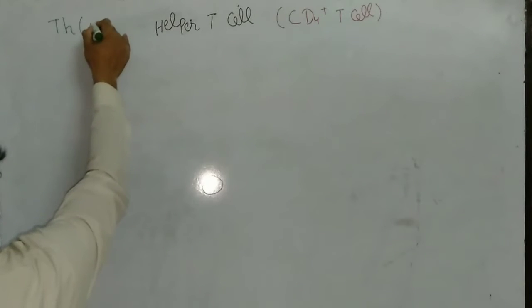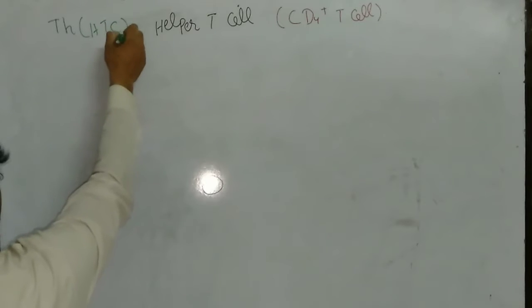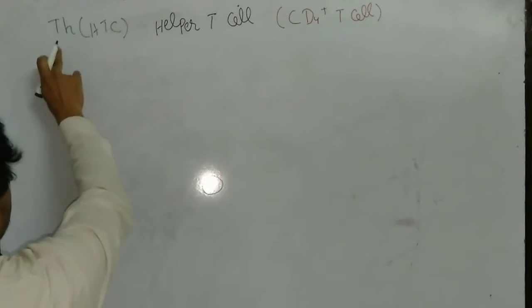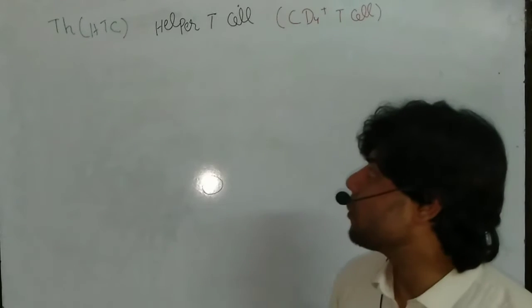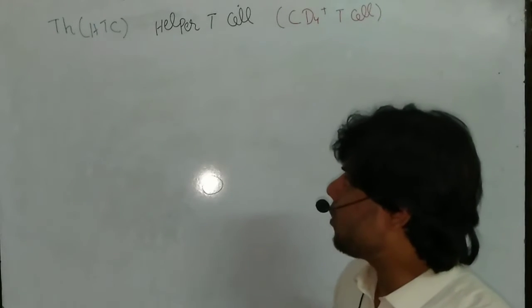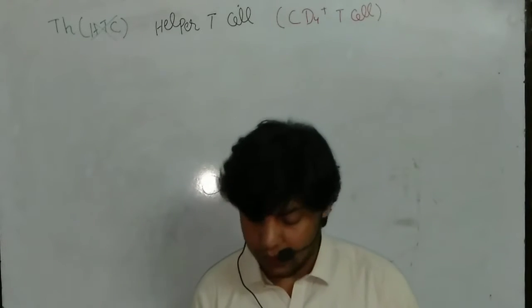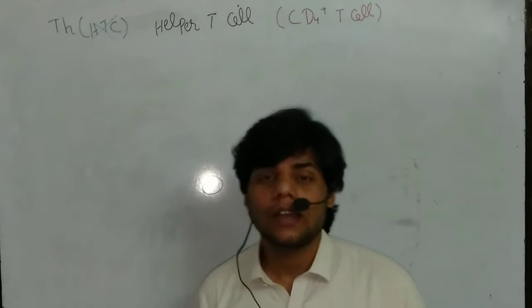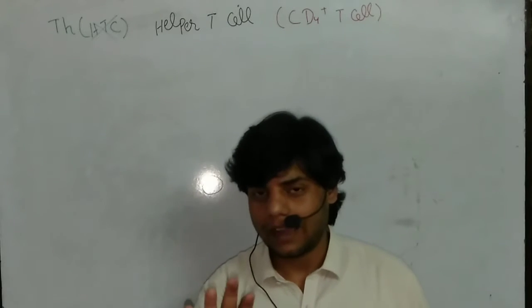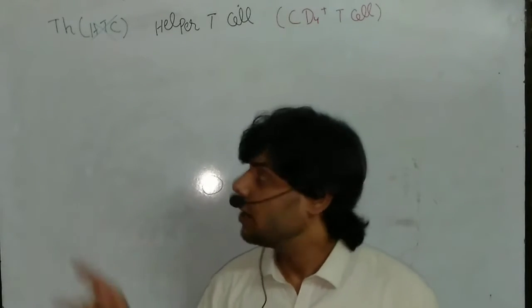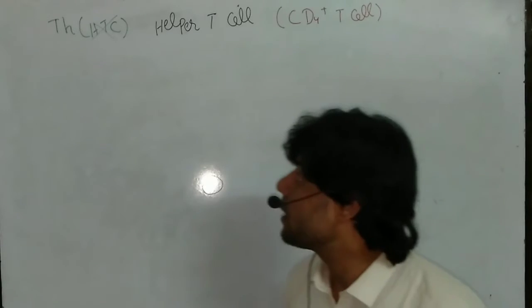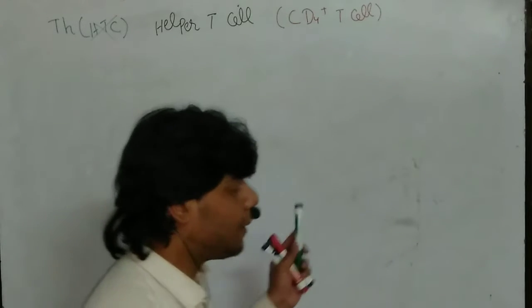Some people write it HTC. It is wrong. The best abbreviation is TH. A lot of my friends and subscribers say that HTC is helper T cell, but actually it is not the best abbreviated form of the helper T cell. So now let's talk about the helper T cell.